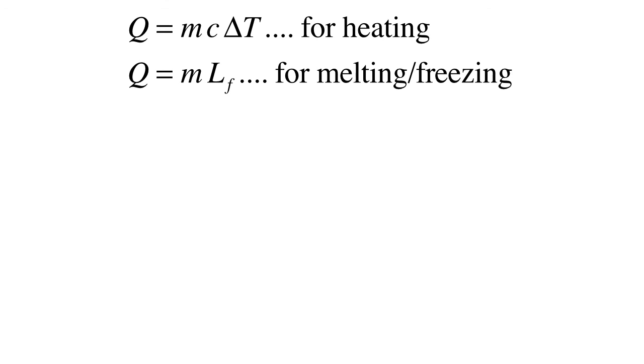Basically, that's what latent heat says: for every gram that you have, you need 80 calories to bust it up into a liquid. So you multiply by the number of grams that you have, that's M in this equation. So that's the melting equation. We have two heating equations and one melting, and we're going to use the melting equation once.